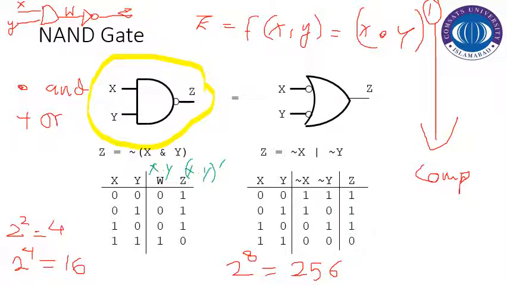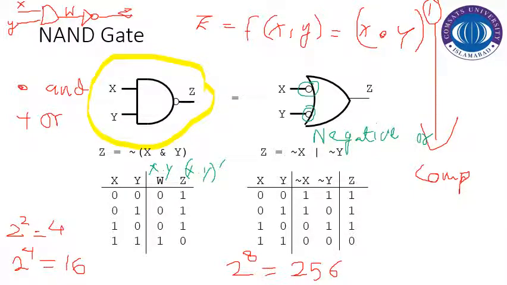Similarly, if you see the other representation, these two representations are equivalent. That representation is called negative OR. Negative OR is equal to the NAND operation. These bubbles represent the NOT operation.